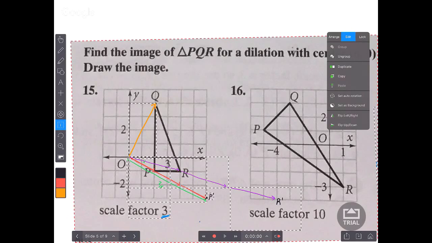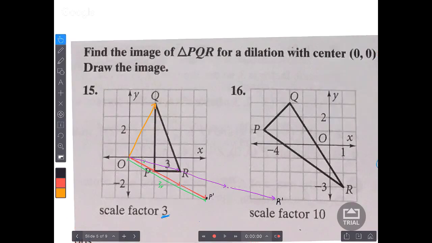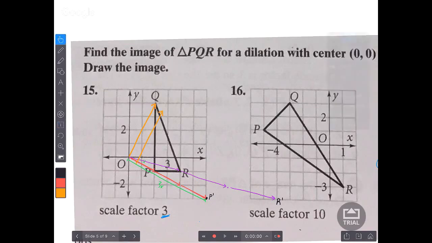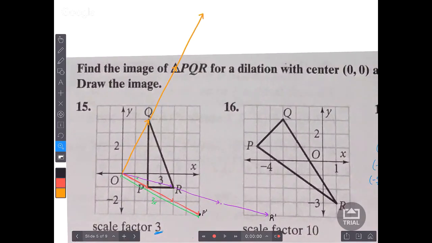And let's see, let's split that out, ungroup, and let's go ahead and duplicate that once and a second one. So 1 time, 2 times. So again, I took Q and I'm bringing it, making the distance from the center to Q 3 times as long, and there's Q prime.